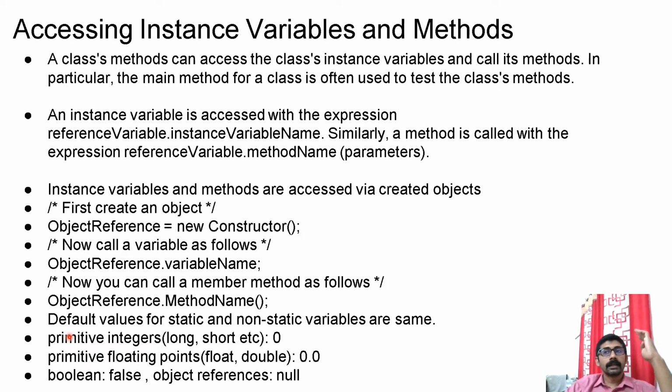They are static members, instance members, then local variables. In the case of static members and instance members or non-static members, they will be initialized. Their default value will be, for numerical values it will be 0, for boolean it will be false, and for references it will be null.